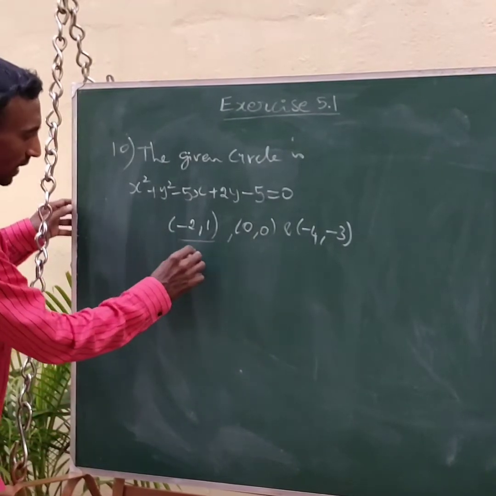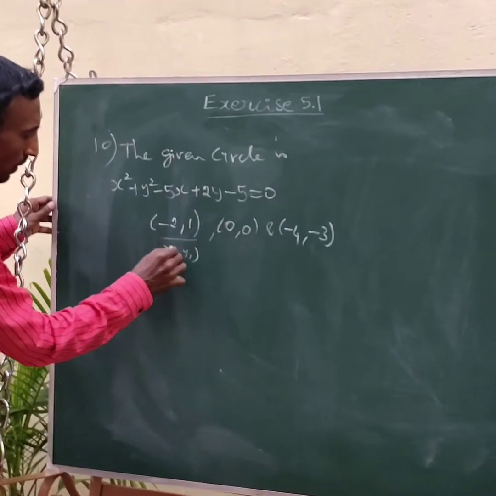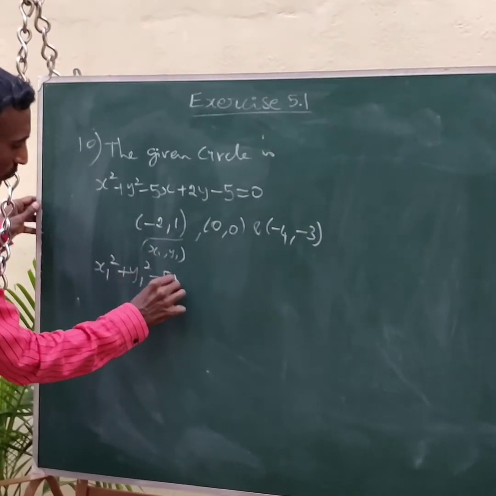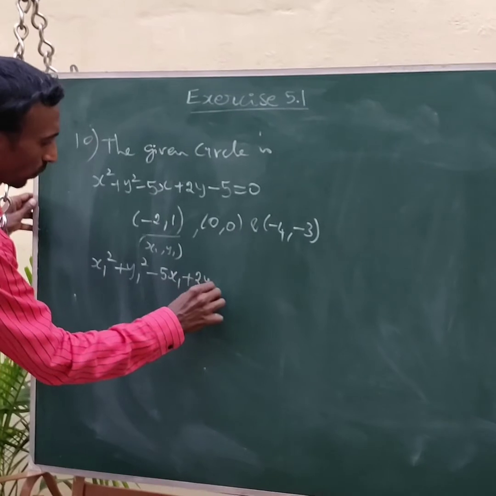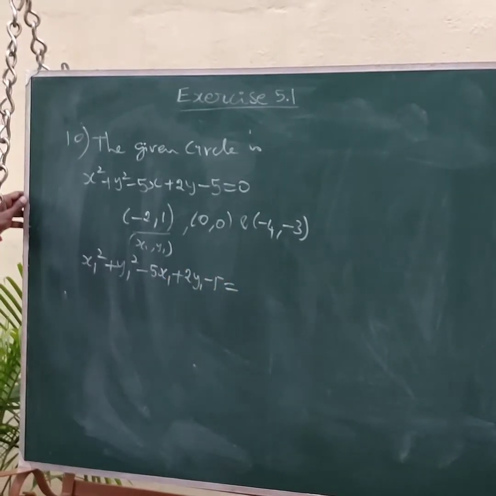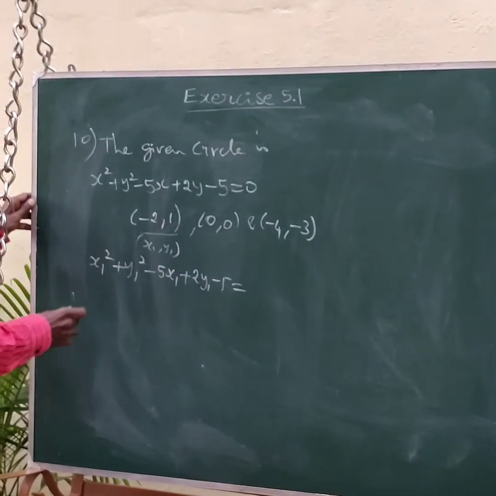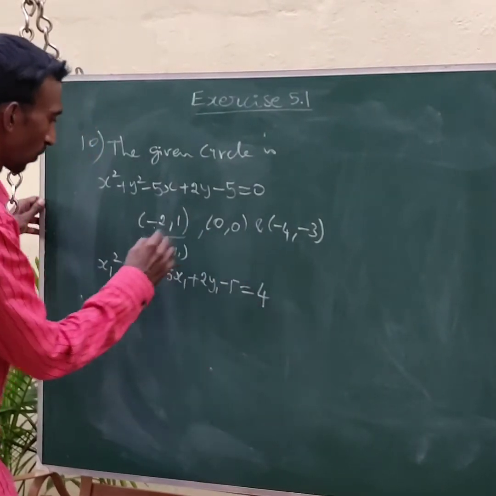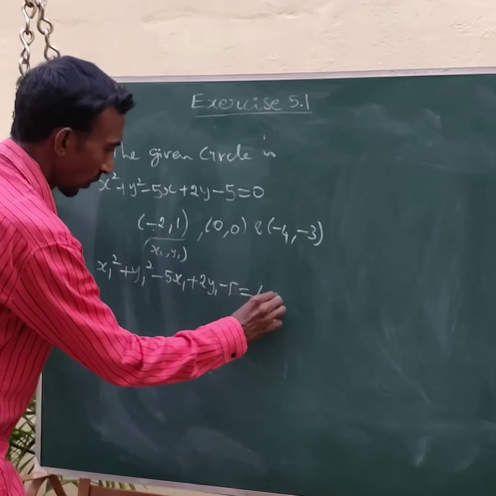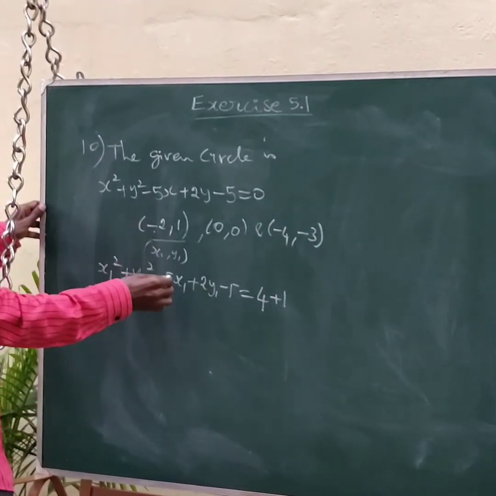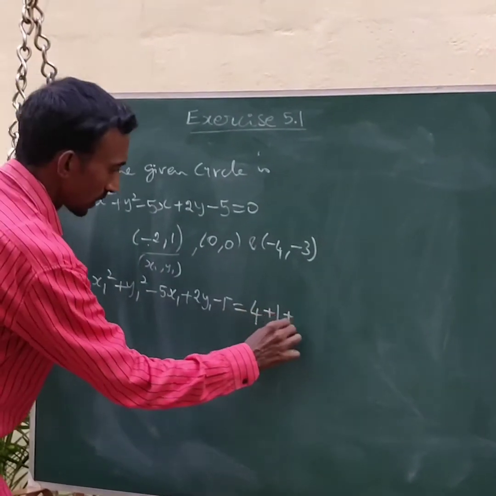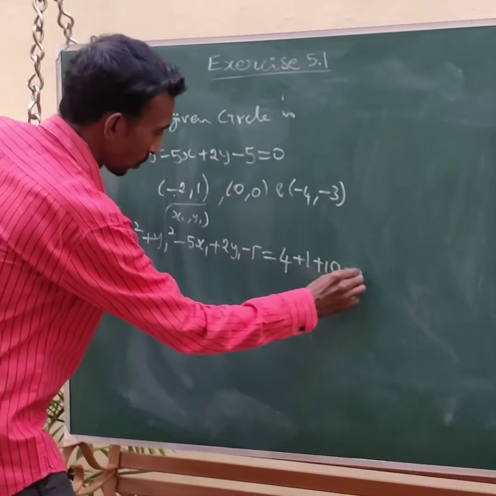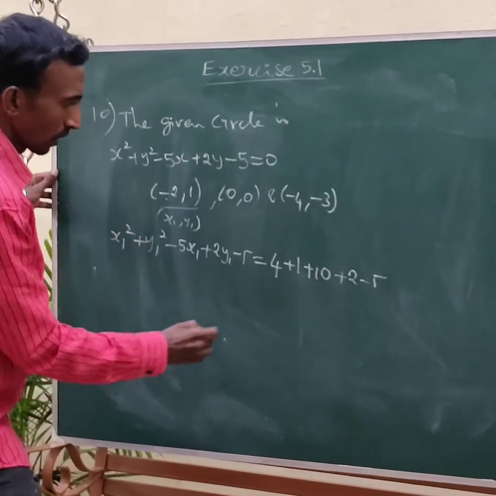So assume this point as some (x1, y1) and x1 square plus y1 square minus 5x1 plus 2y1 minus 5. Find out the value for this one. So put it here, x1 equal to minus 2. So minus 2 the whole square plus 4 and y1 square, 1 square is 1 and minus 2 into minus 5 plus 10 and here 2 into 1, 2 minus 5.